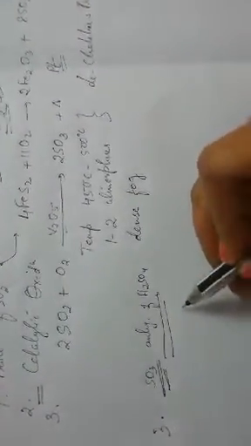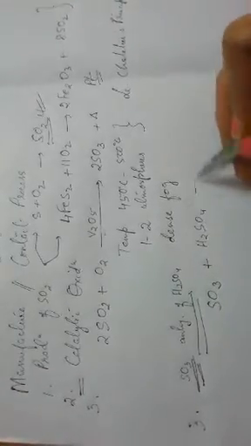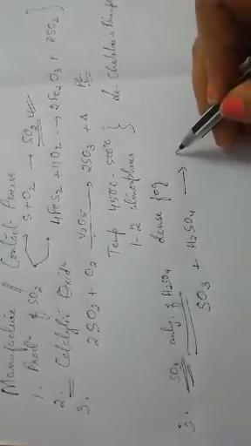So in the third step, instead of directly dissolving sulfur trioxide in water, what is done? Here you have to write in two steps or two equations. First, sulfur trioxide is dissolved in sulfuric acid to get an intermediate product which is called pyrosulfuric acid or oleum, H2S2O7.